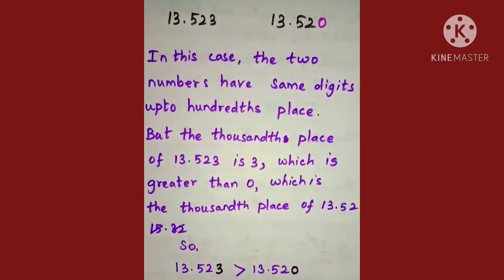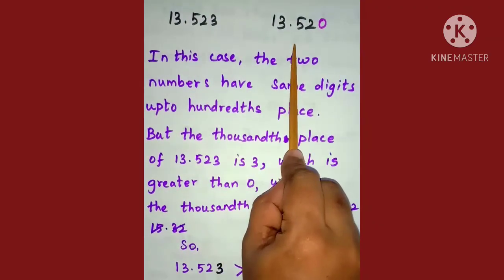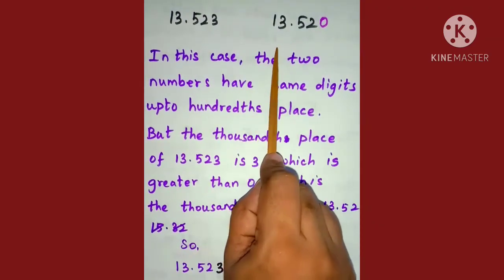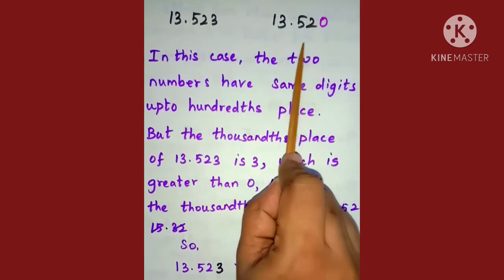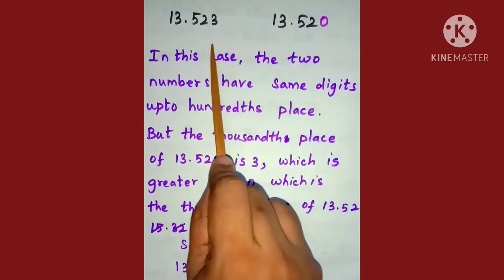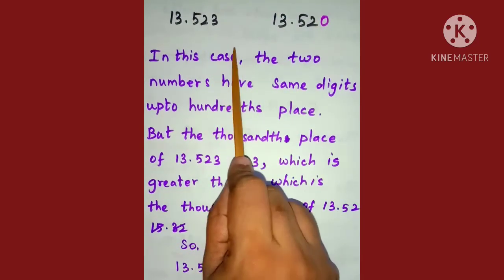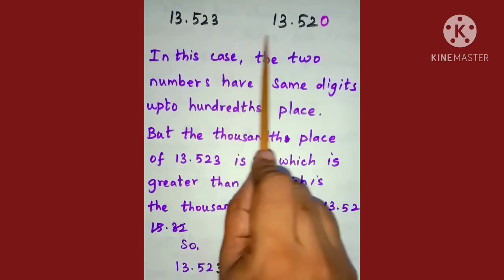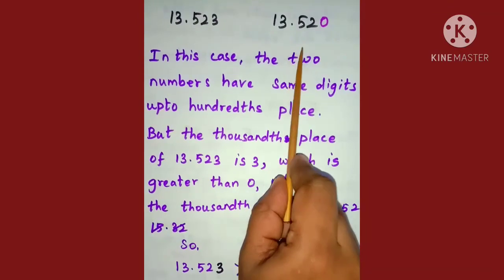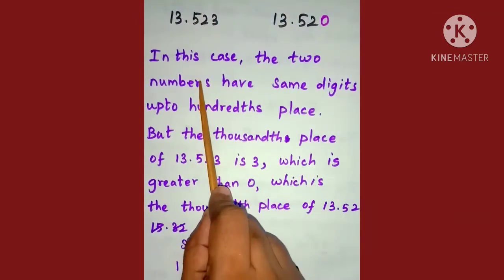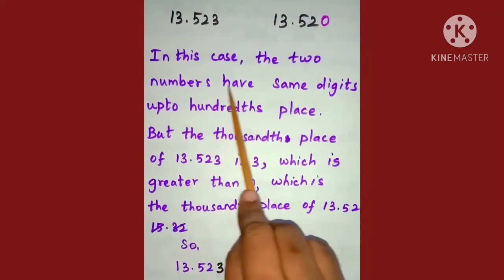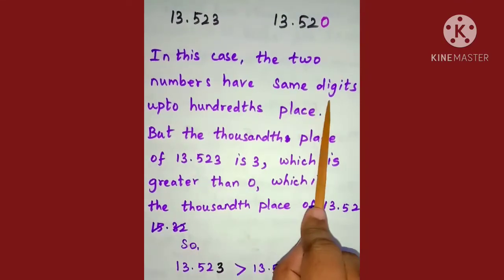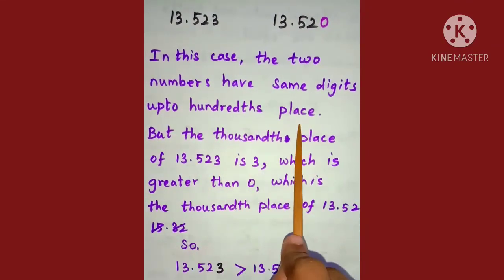So now these two numbers become equal in decimal digits. So now we can compare the whole number, 10th place, 100th place, and 1000th place of these two decimal numbers. Now note that in this case the two numbers have the same digits up to the 100th place.